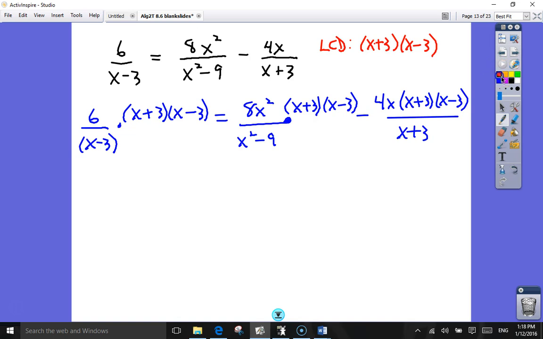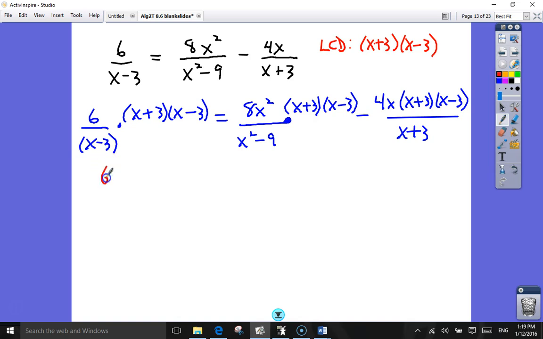Right? So I find the LCD. I'm multiplying both sides, every term by that. It should now cancel all the denominators, right? This minus 3 cancels with this. X squared minus 9 cancels with both of those. And x plus 3 cancels here. So in one step, you get rid of all the denominators.